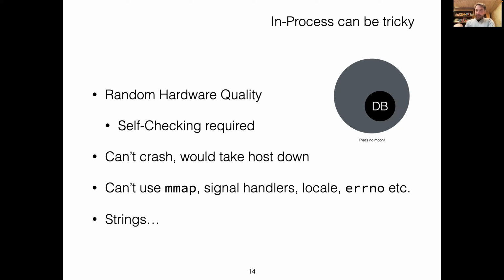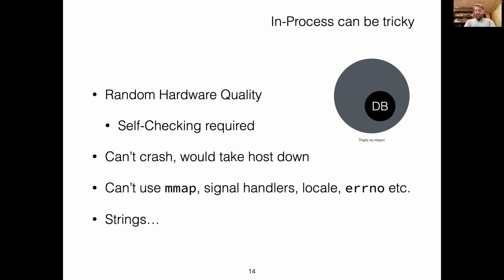But it can also be quite difficult to make an in-process data management system because suddenly you're running a database engine on somebody's phone or somebody's laptop, and the hardware quality becomes a bit random, and that has some super interesting implications on how to design a system where you actually have to distrust the hardware it's running on. I'll come back to that later.